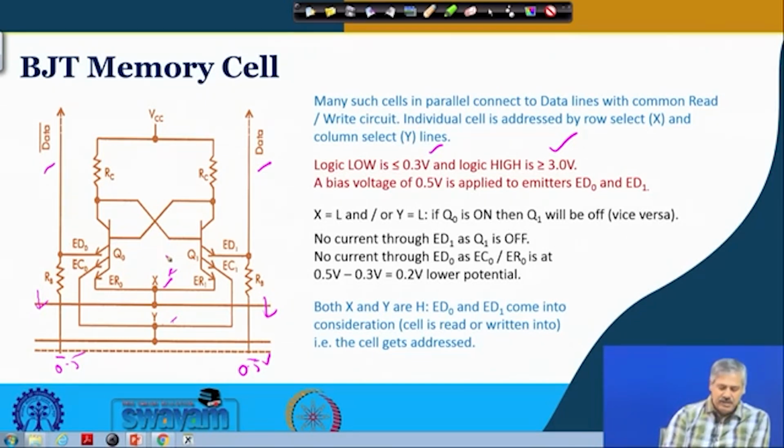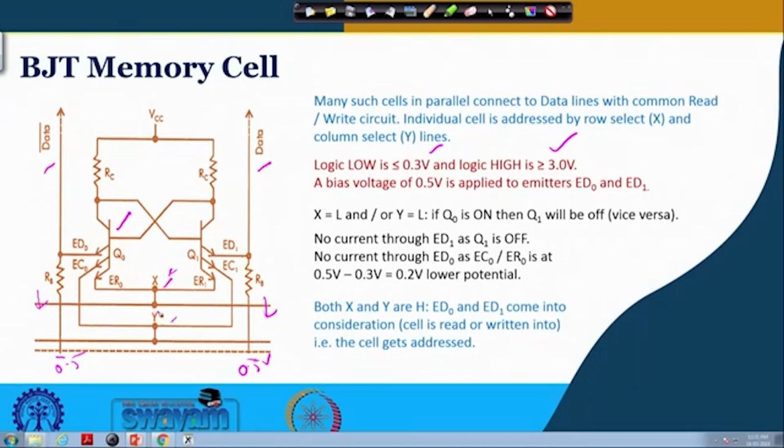Next is, these two transistors, can both of them be on or both of them be off? If you investigate, you can see that both on or both off is not possible. If say this is on, then what is the voltage over here? This is ground.